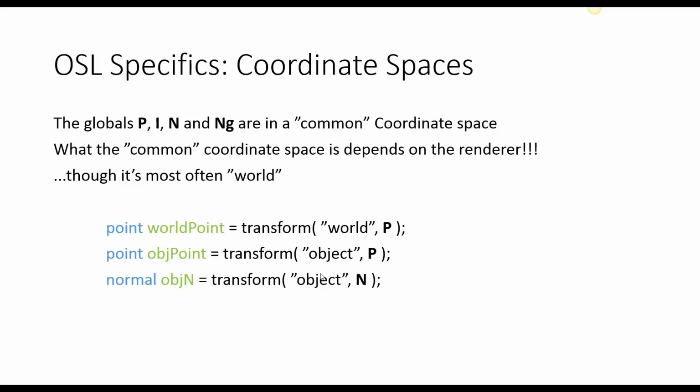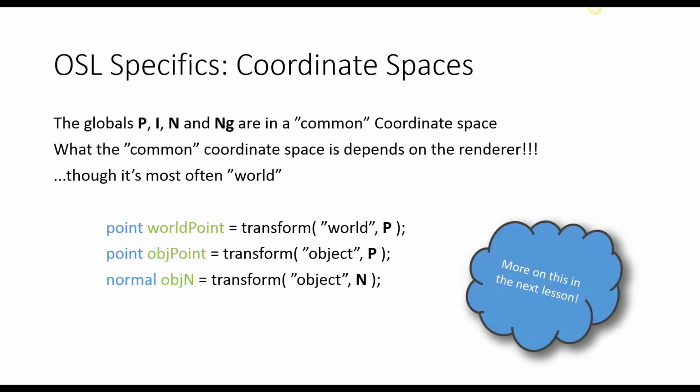And if you need the normal in object space, you just do the same. And by the fact of normal being type normal, it will automatically do a slightly different kind of transformation. We'll talk more about that in the next lesson.